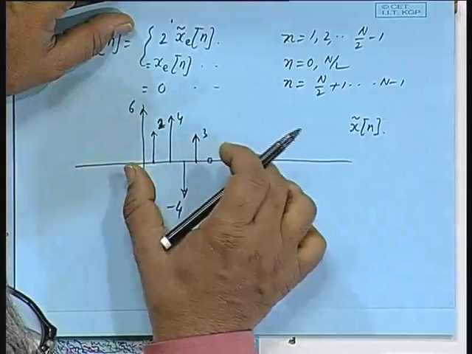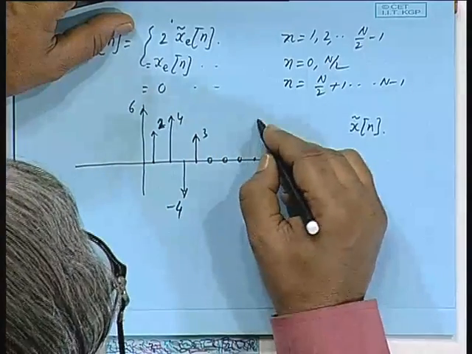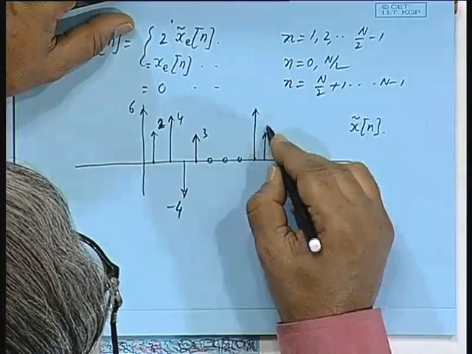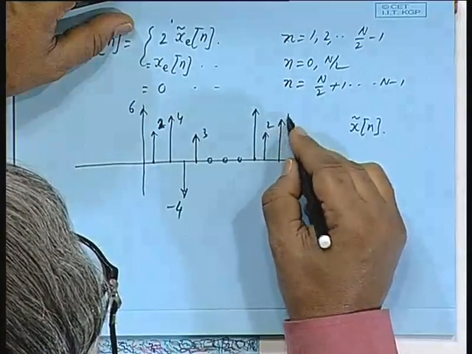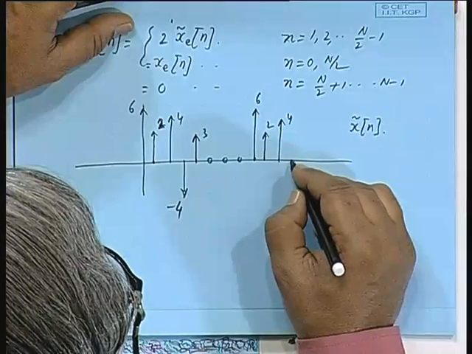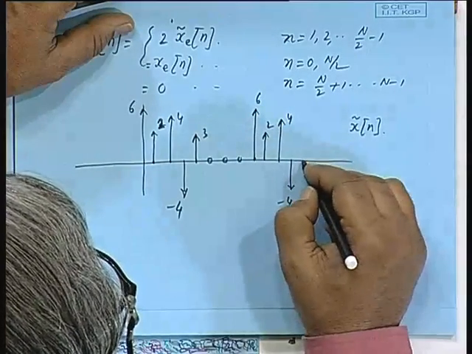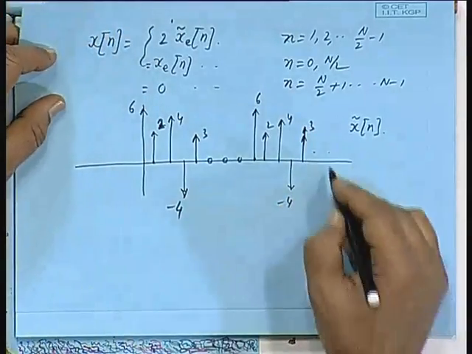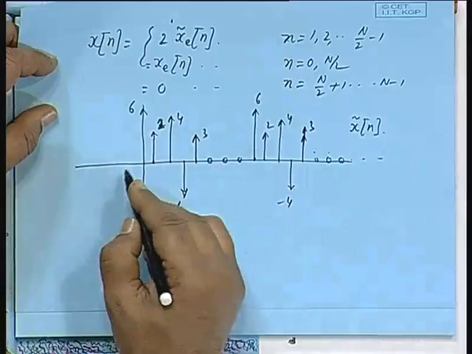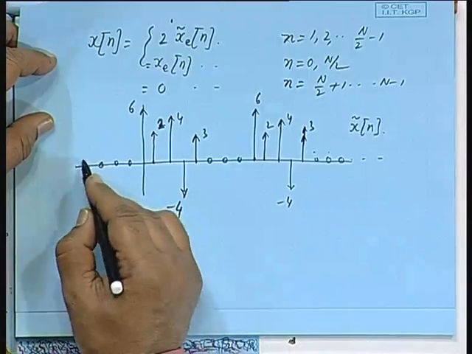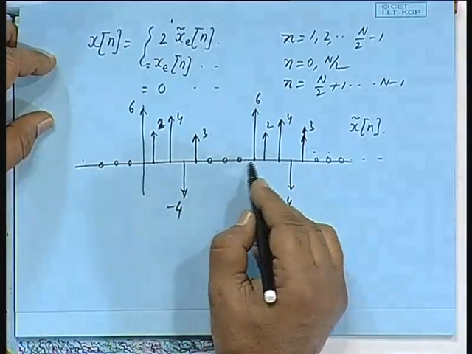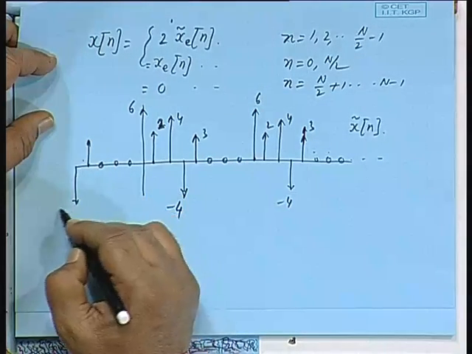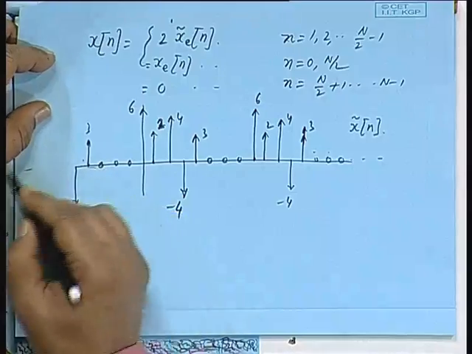This was x[n]. So, I have padded with zeros and then I make it periodic. So, this is the periodic sequence, and so on. Similarly, on this side 0, 0, 0 and so on. Before 0 this is 6, then this is 3, then this is minus 4 and so on. It continues on this side.